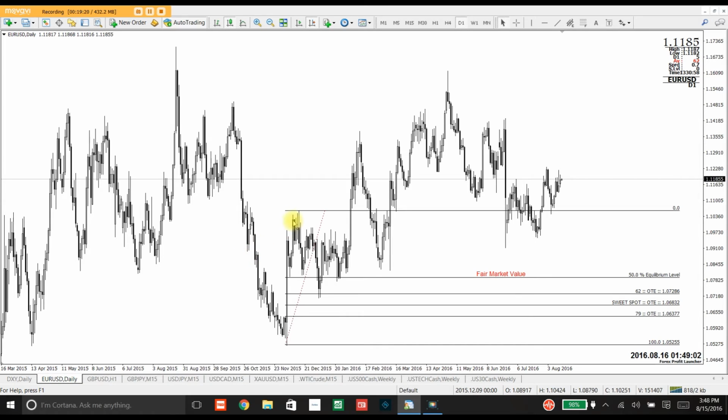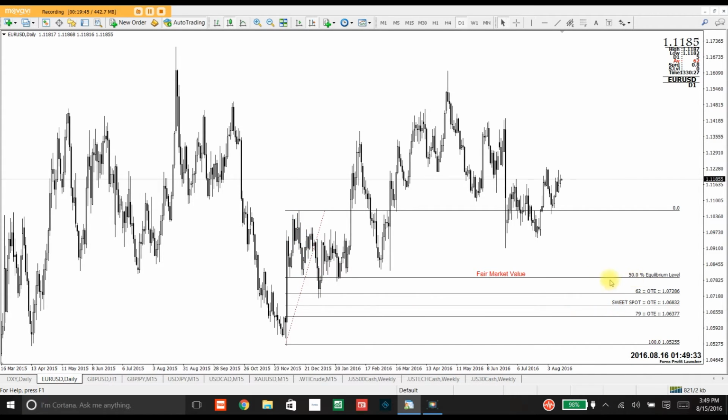Right here, at this swing high, you have a range form, a low to a high. The 50% level of this range is what the market makers deem to be fair market value. They don't want to buy any more positions above the 50% fair market value of this previous range. So what do they do? They allow price to trade down to a discount.